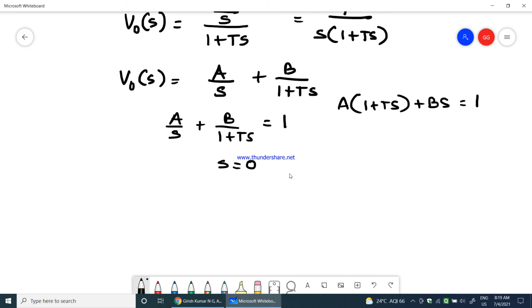So if S equals 0, A into 1 equals 1, therefore A will be equal to 1.